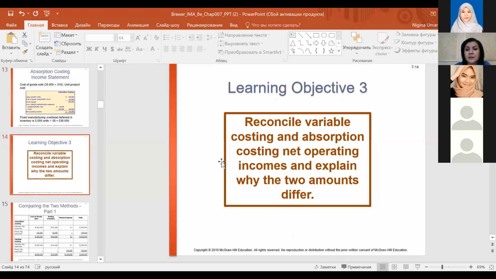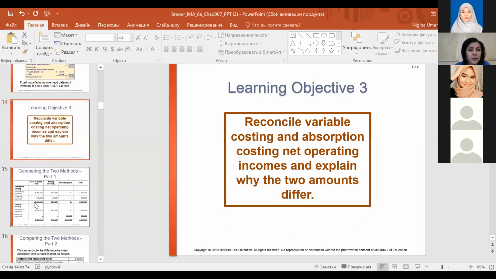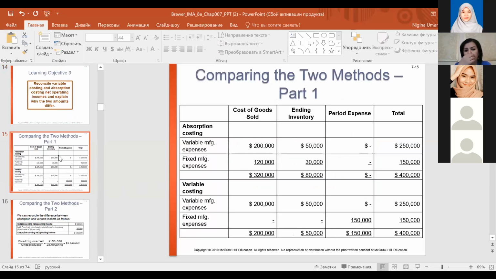Okay, now reconcile variable costing and absorption costing net operating income, and explain why the two amounts differ. So under absorption costing, we have variable manufacturing overheads. So under absorption costing, we have what?